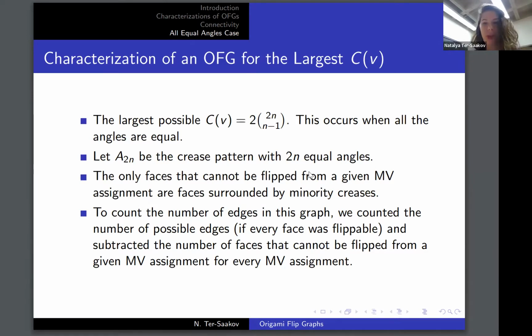So our number of valid mountain valley assignments is 2 times 2n choose n minus 1. We're going to call these crease patterns A sub 2n, the crease pattern with 2n equal angles. And our only restriction on what can't be flipped is if you are a face surrounded by minority creases, because flipping that would violate Maekawa's theorem.